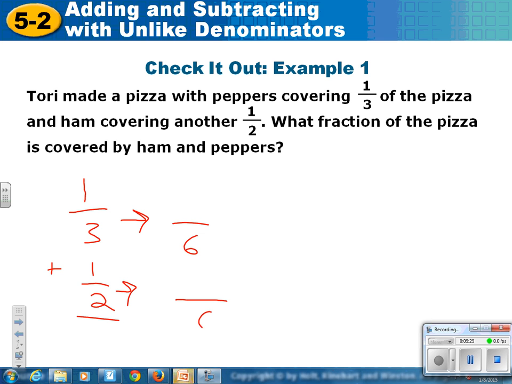So that's our denominator. 6 is our denominator. This is times 2. This is times 2. This is times 3. This is times 3. So we end up with 2, 3, 5 over 6 is our answer.